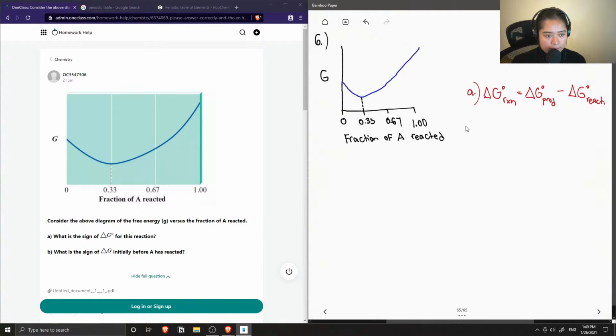So if we look at our graph, you can see that the Gibbs free energy of our reaction increased as more A reacted.